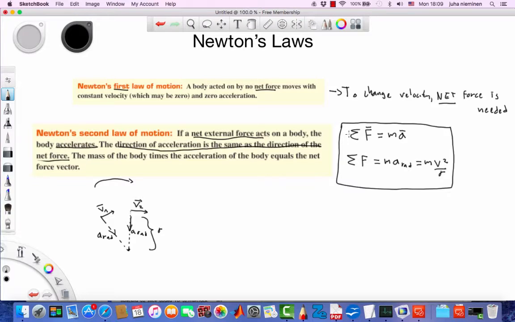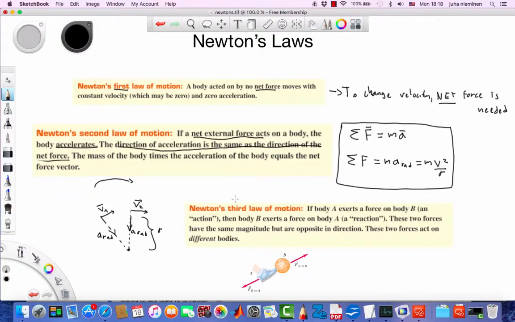The third Newton's law says, if body A, for example the foot here, exerts a force on body B, the ball, then body B exerts a force on body A. These two forces are of opposite direction, but they have the same magnitude.